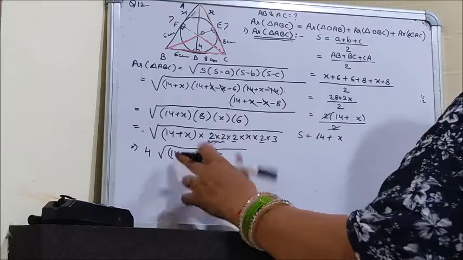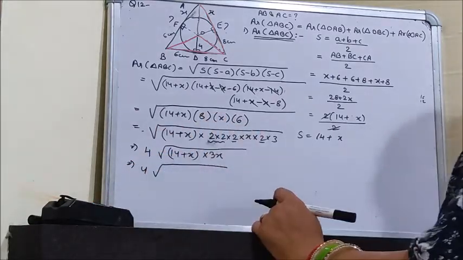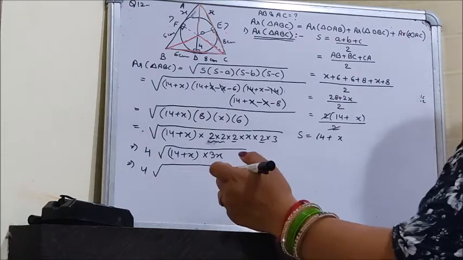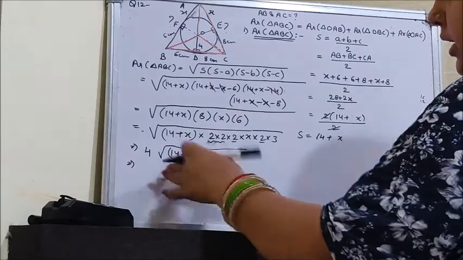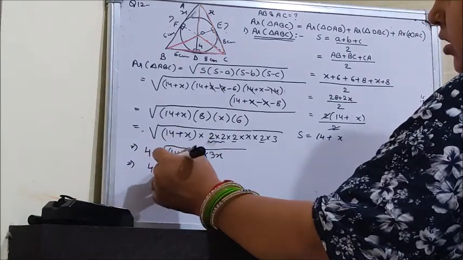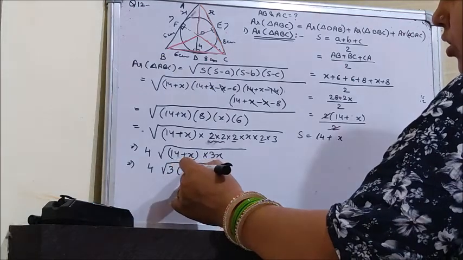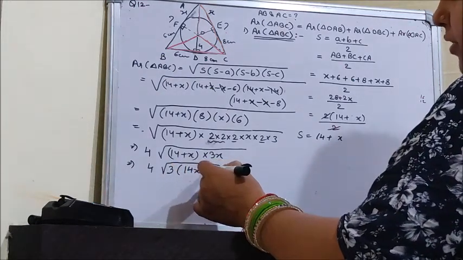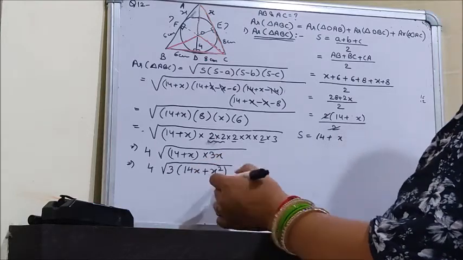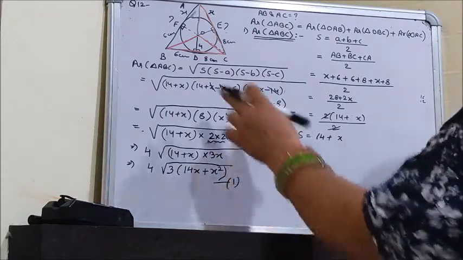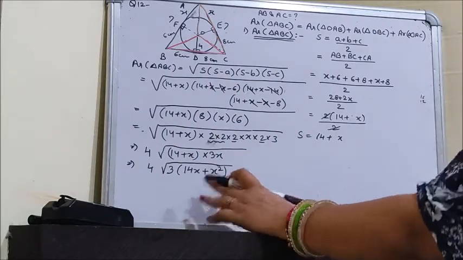Now this 3x will be multiplied with the bracket, or we will just take it in the root only: 3 into x multiplied in the bracket, 14x plus x square. Let it be like this only, first equation. This is the area of triangle ABC. We will not solve it further. It will be like this only.